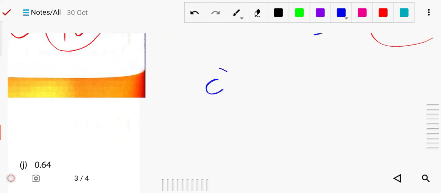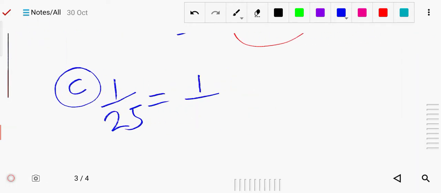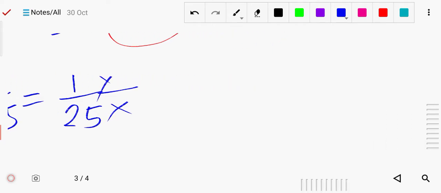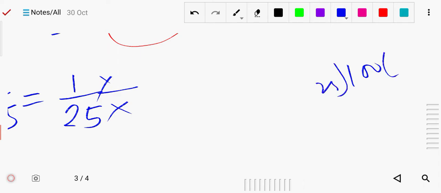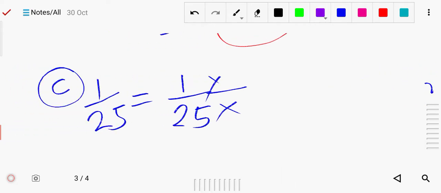Same, we have to change its denominator to a multiple of 100 because we have to change to the hundredth. So you can divide 100 by 25. 4 times it will be divided. So 4, it means we have to multiply by 4. So here will be 4 and here will be 100.